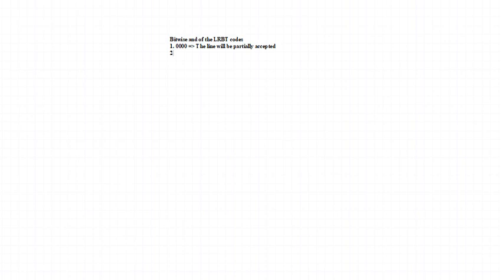And if there are some ones, for example the result is say 0001, it implies that the line is trivially rejected.